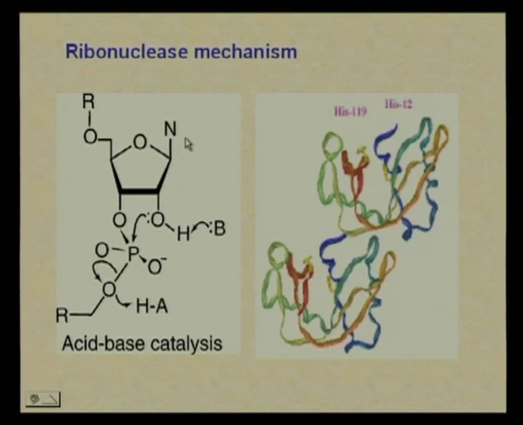What happens is there is an abstraction of the hydrogen of the OH by a particular base. This is going to be general acid base catalysis, but we will see how ribonuclease A in its structure has the capability to abstract this hydrogen from the ribonucleic acid molecule.